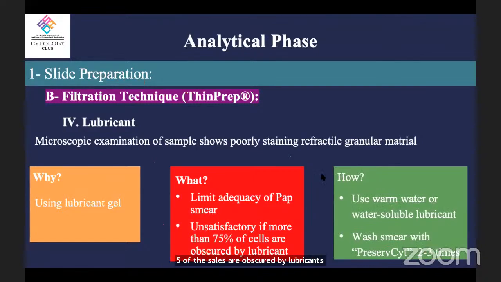So how could we avoid it? Use warm water or water-soluble lubricant instead of gel, and wash the smear with the preservative 2 to 3 times. This may help to reduce the lubricant in the smear.